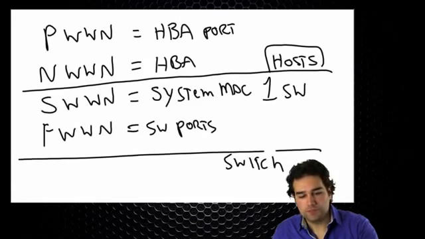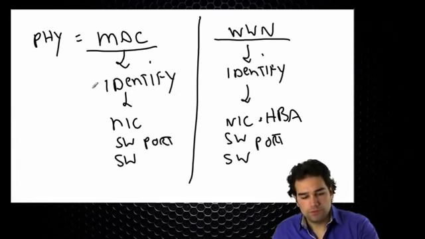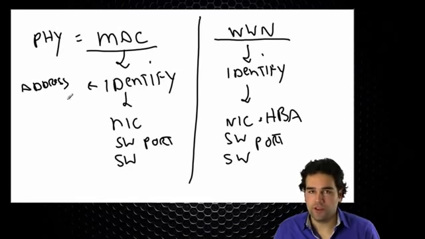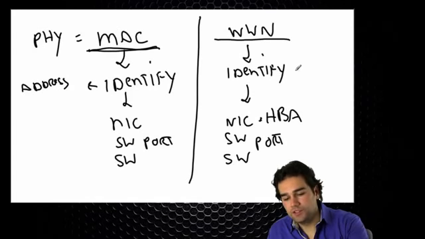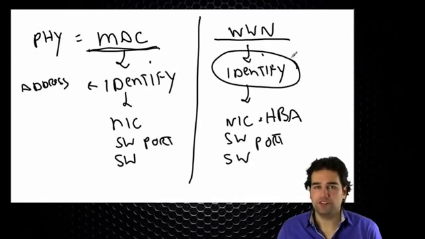So worldwide names are there. In the Ethernet world, they are used for both identifying, but also in the address format. So you also forward traffic based on MAC addresses. In the Fibre Channel world, identification is the only feature of the worldwide name.